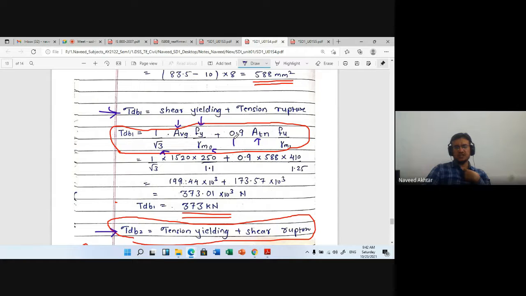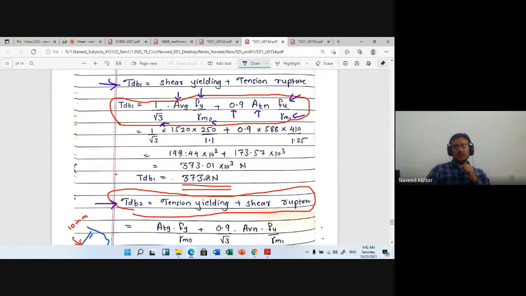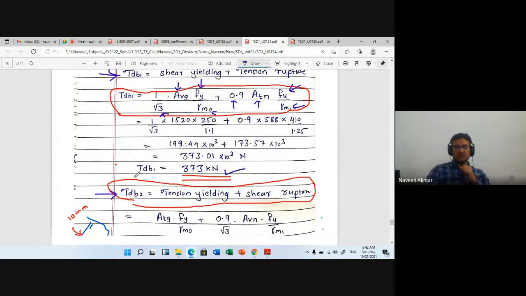In tension we are considering only 90% of strength on Fu. If there is rupture, then the partial safety factor for material is gamma M1. So you can make the formula and find out TDB1. So TDB1 is about 373 kN.